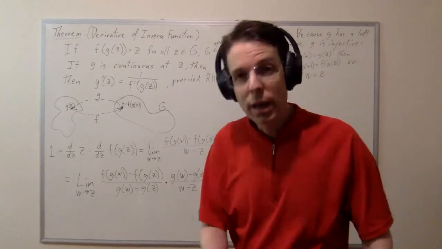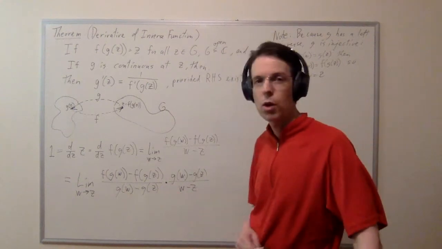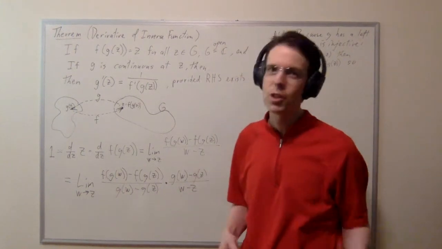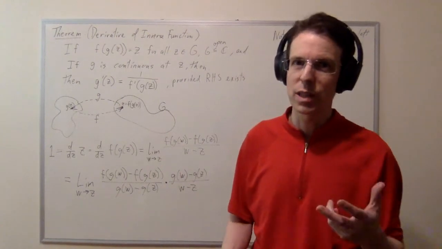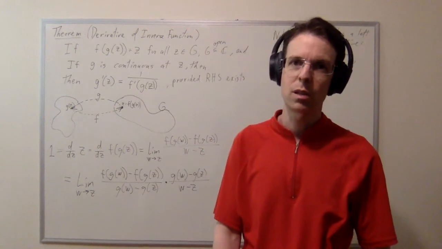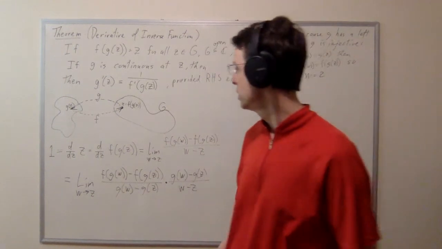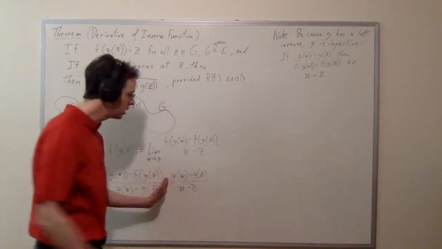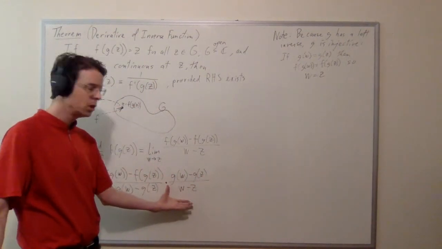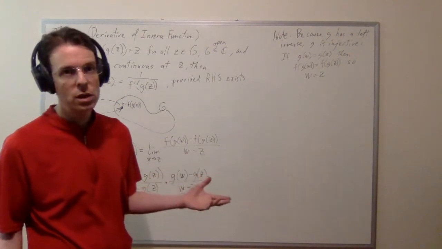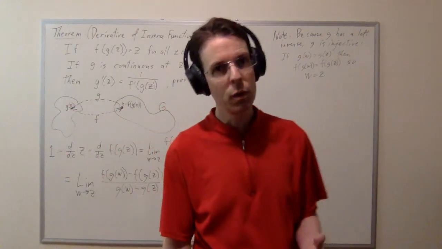So if I wanted to make that argument, the right place for me to start is the product law for limits. Okay, but wait a minute. The product law for limits, just like the chain rule, says the following thing works provided the right-hand side exists. And the right-hand side is going to be the limit of this times the limit of this. It's going to have the definition of the derivative of g. Now, normally we're thrilled to see that, but in this problem, we're not thrilled to see that.